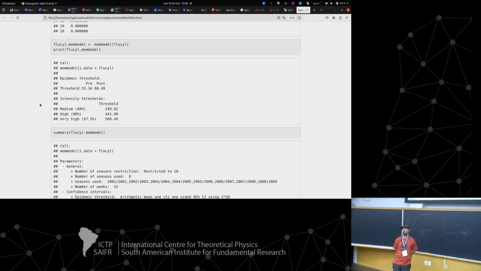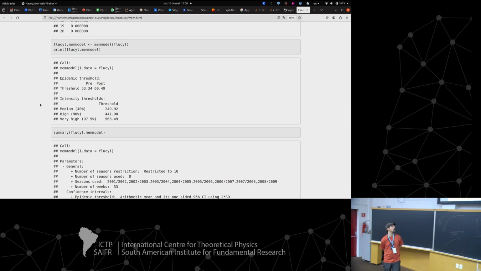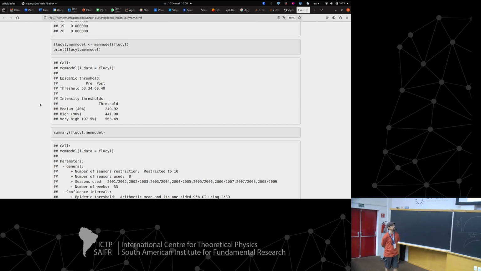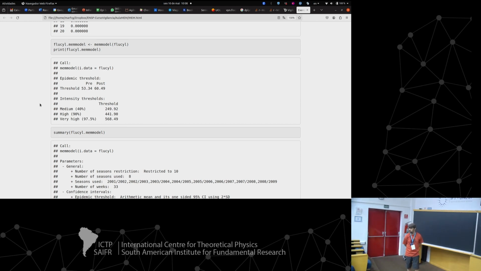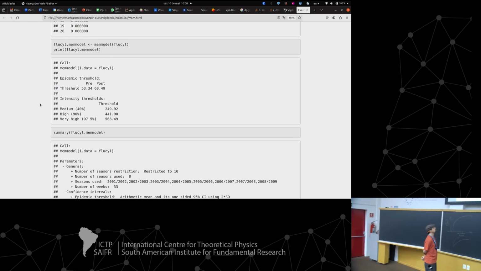And by default, it sets them at 90 and 97.5%. Again, you can use whatever you want. You could use 90 and 95. You could use whatever makes sense for what conclusions you want to draw from it.